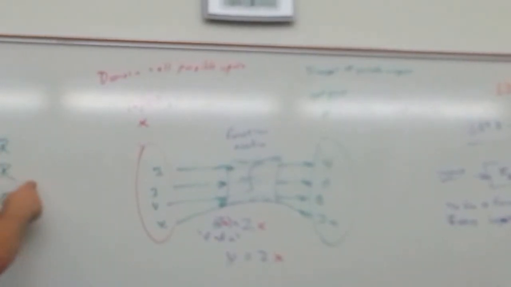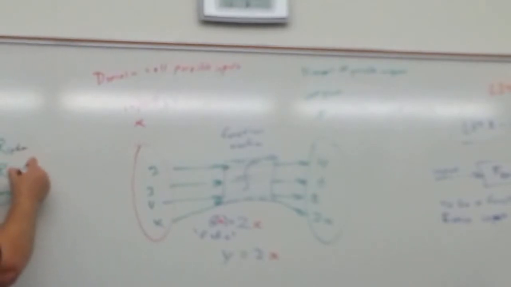Notice that regardless of whether you say left and right, domain and range, input, output, or x or y, they're all in alphabetical order. That's one of the things that helps me remember which is which. Left, right, domain, range, input, output, x, y.